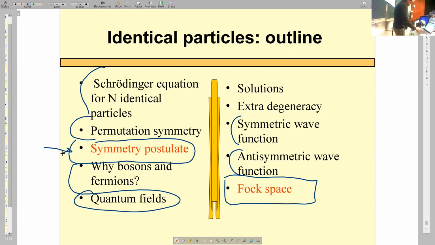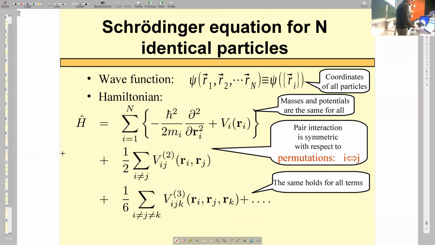Good, let me start. So, the equation for n particles. First of all, and perhaps it is not clear from the very beginning, but it is important to note that for n particles, we don't have n wave functions.